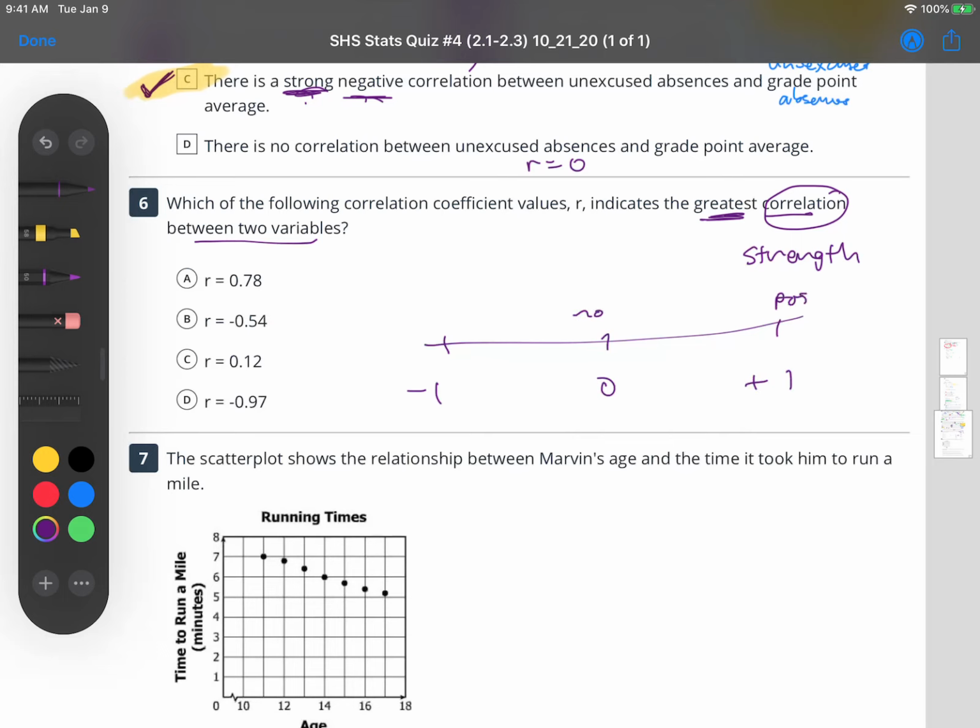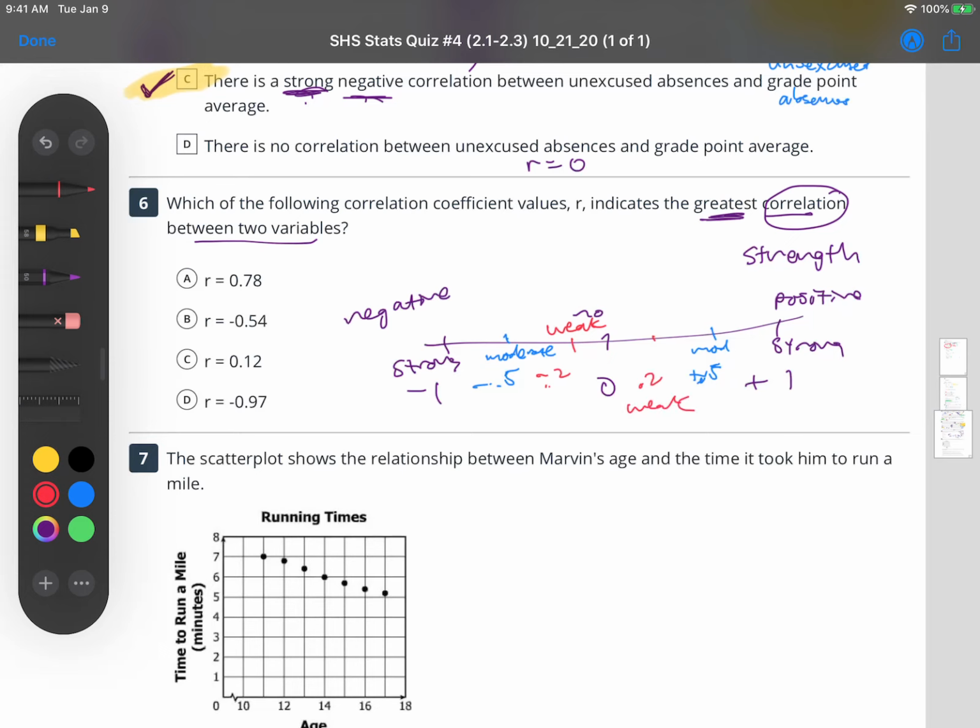So this would be a positive, this would be a negative, this is strong, strong, and then if you get into numbers like 0.5, -0.5, this would be moderately negative. This would be moderate positive, and then like 0.2, -0.2 in this case would be weak, because it's closer to 0.